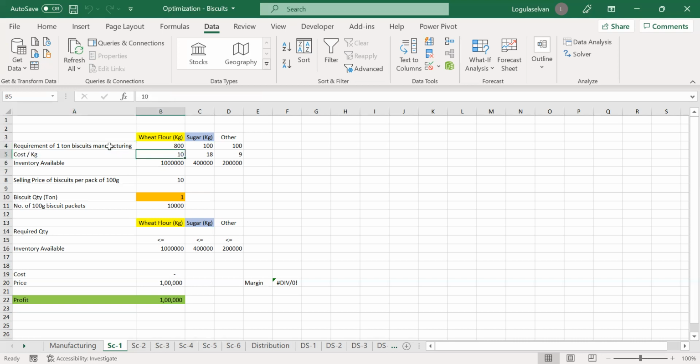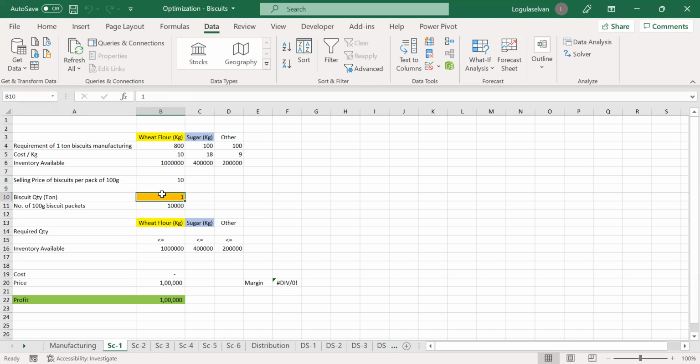The cost associated with wheat is 10 rupees per kg, sugar is 18 rupees per kg, and other ingredients average price is 9 rupees per kg. Then here we have the inventory available, which is mentioned here. And then the selling price is 10 rupees per biscuit packet, which is of 100 grams each.